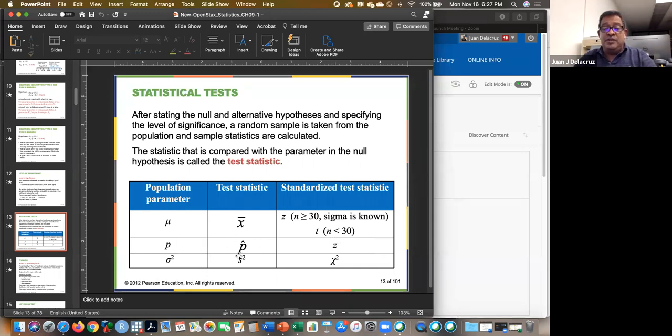Same thing for the sample proportions: we are going to use the Z-score. Once again, this is kind of like a binomial experiment, and we are going to use the Z-score as an approximation to compute the values.